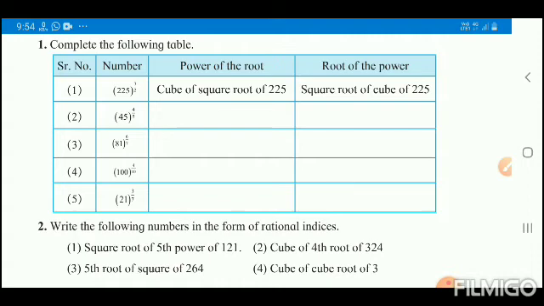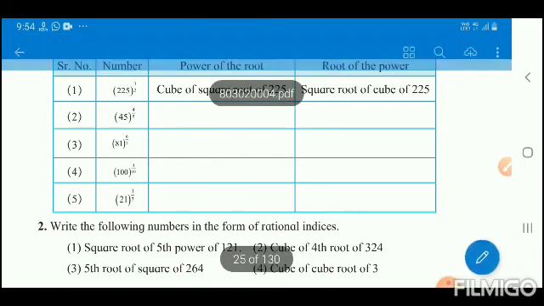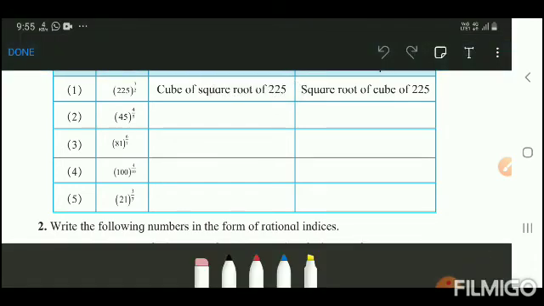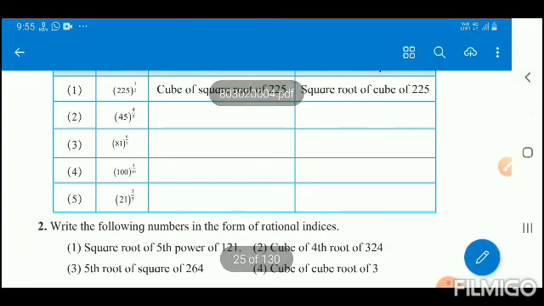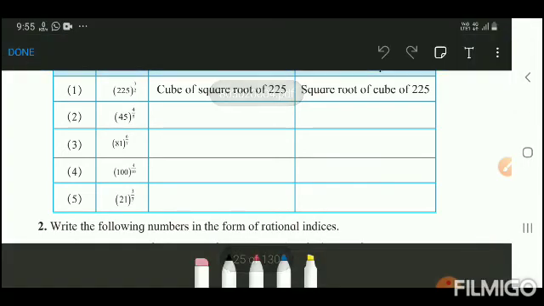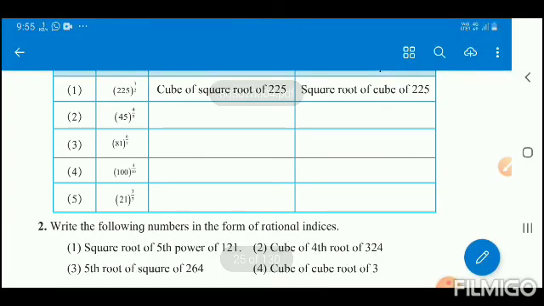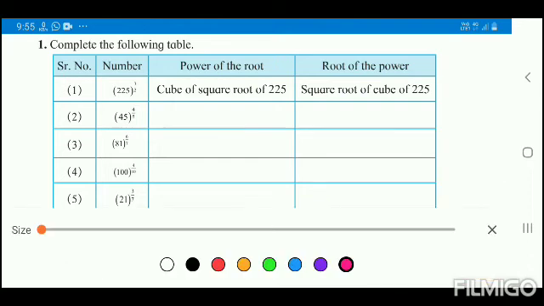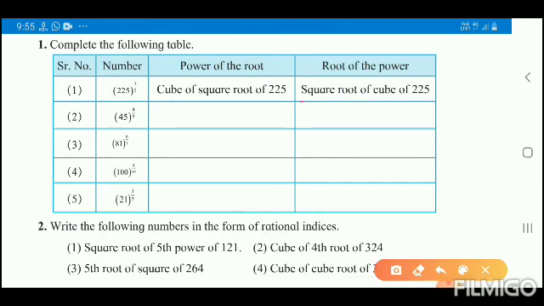So power of the root you can write here: power is 3, so cube of the square root of 225. Then for root of the power, you can write the square root of the cube of 225.